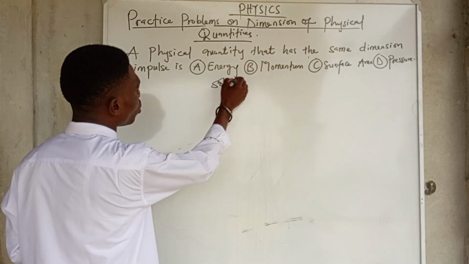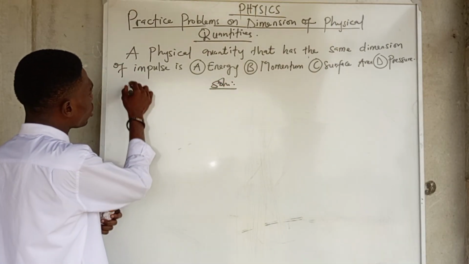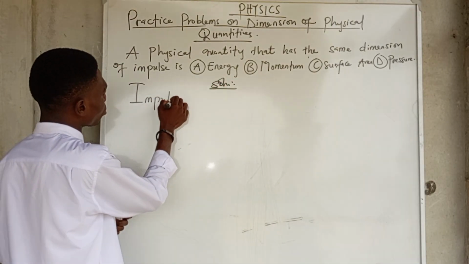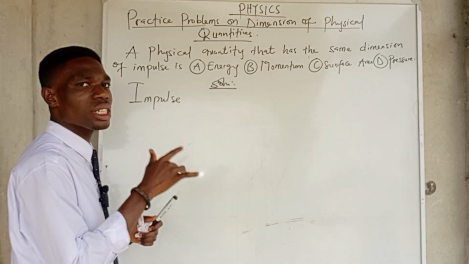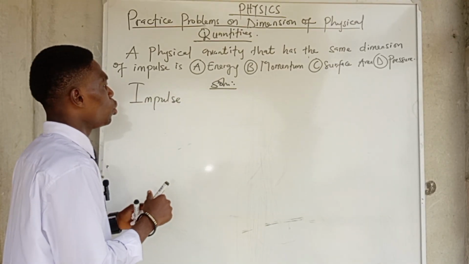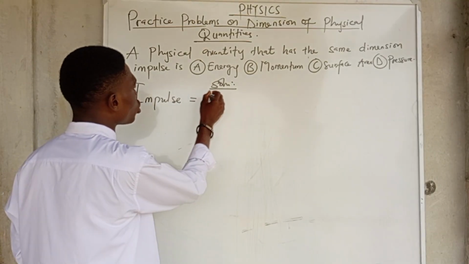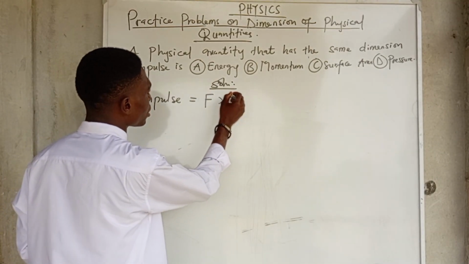So, solution quickly. What are we looking at here? Impulse. Now, impulse, from Newton's second law of motion, we derive that impulse is equal to force times time.